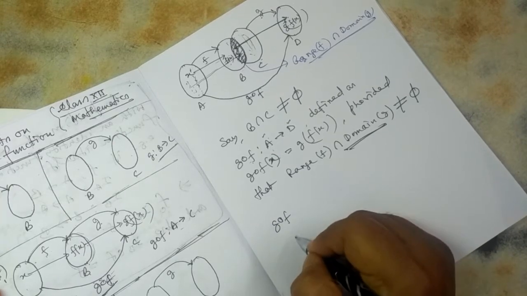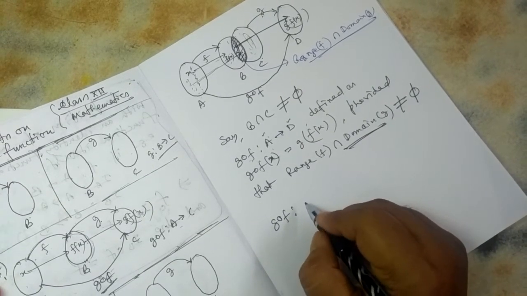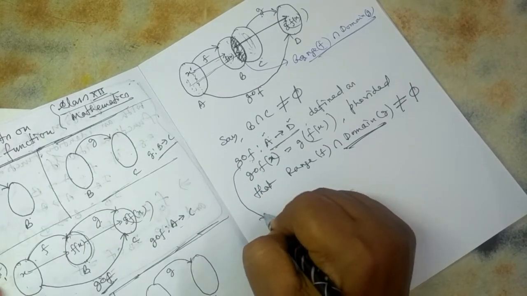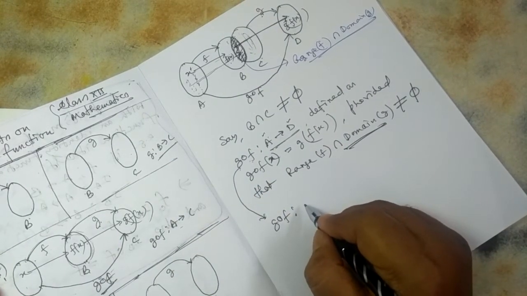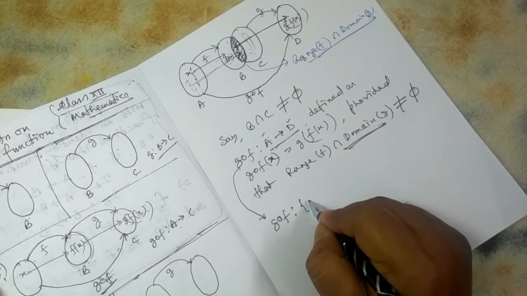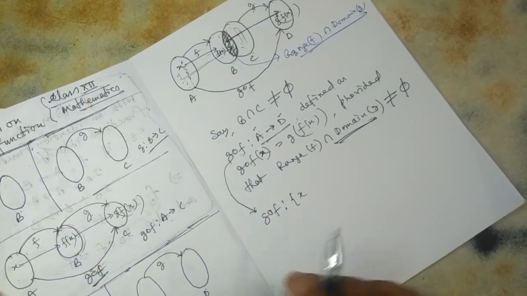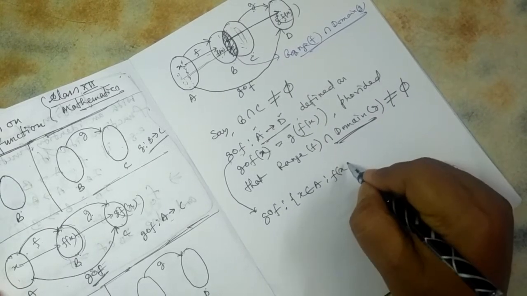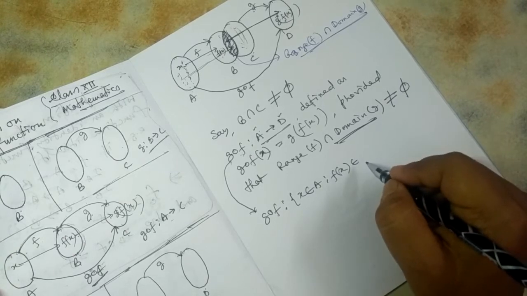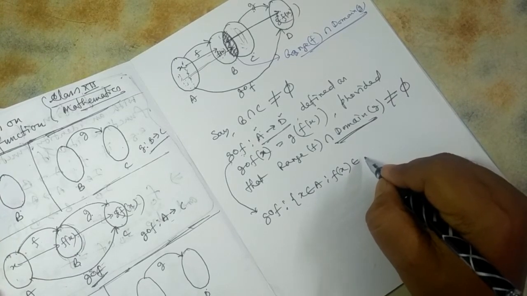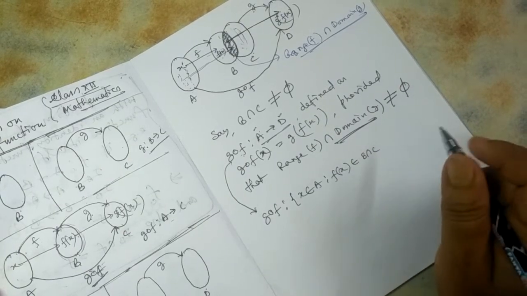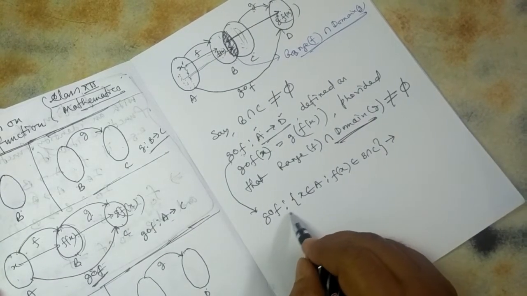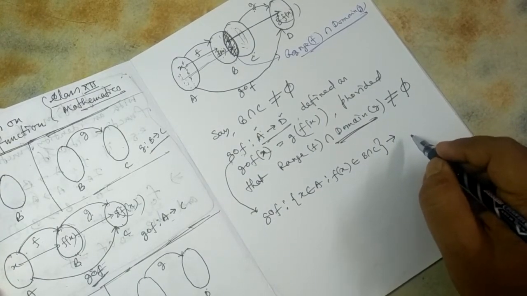Let us say g o f is a function from A to D. I am refining it: g o f is taking the elements x belonging to A such that f(x) belongs to B intersection C, taking input from here and throwing the output to the D set.